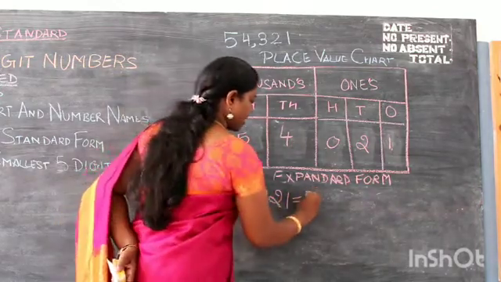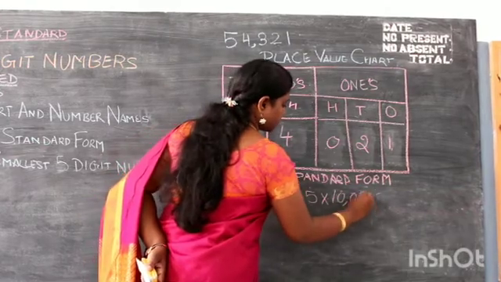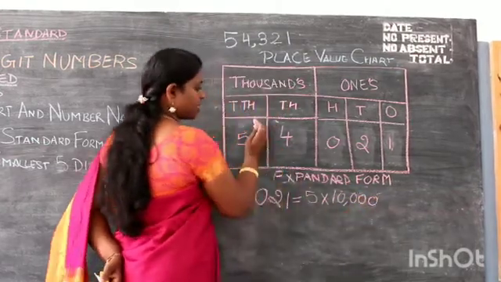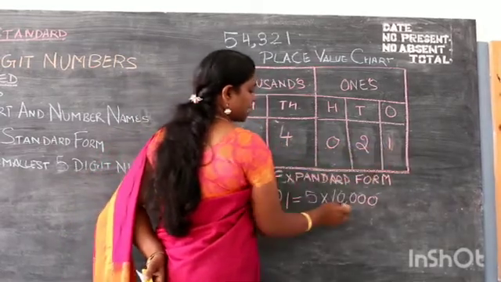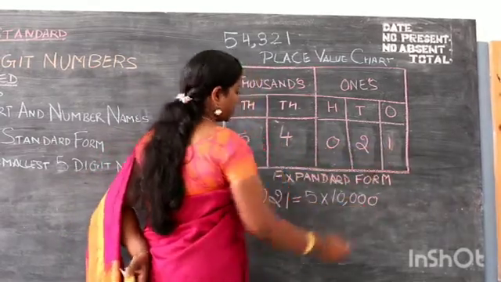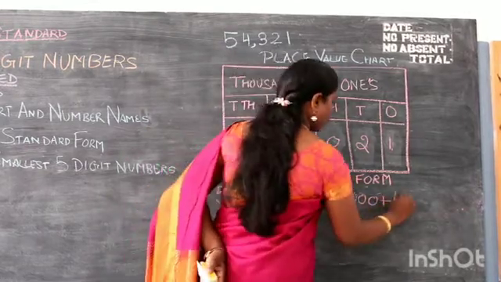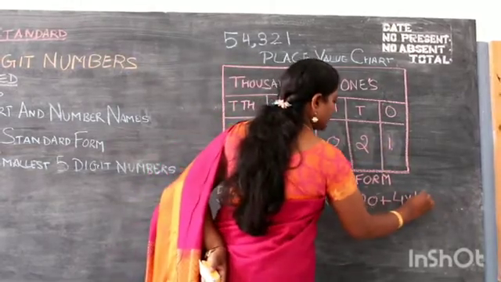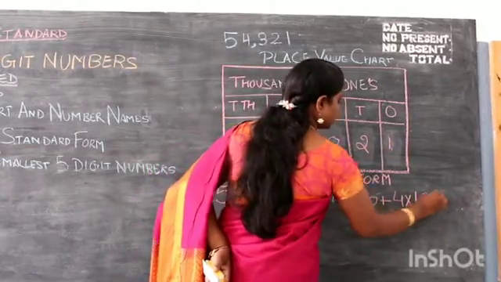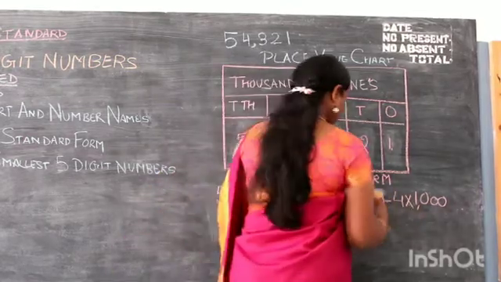You're going to write 5 multiplied by 10,000. Why 10,000? After 5, how many numbers are there? 1, 2, 3, 4. So that many zeros next to your 1. Okay. Then addition symbol. You have your 4. 4 into 1, 2, 3. That is 1,000.